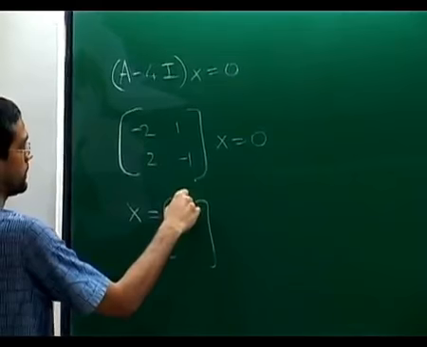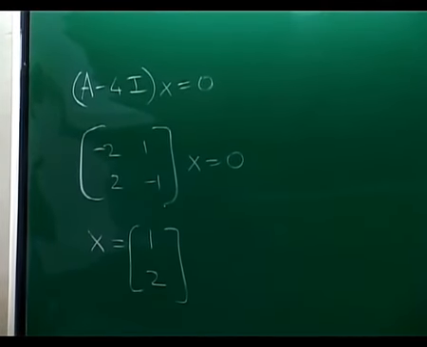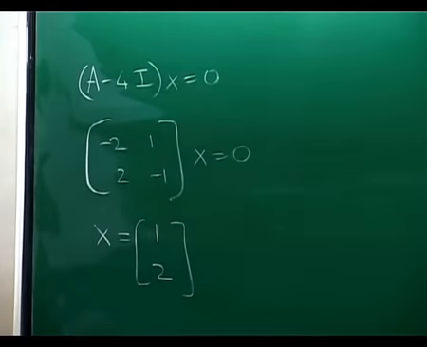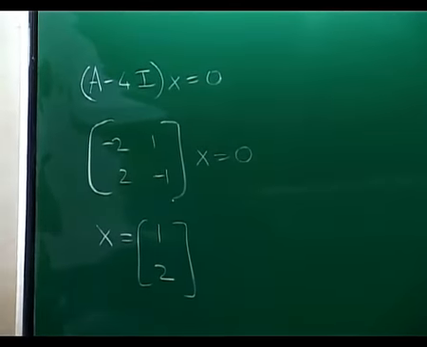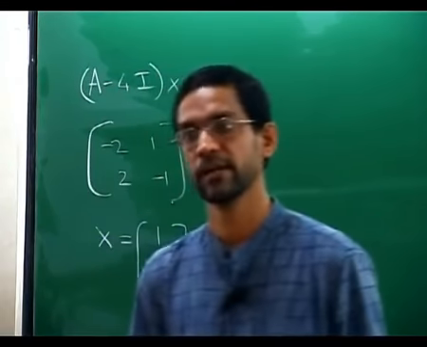So I can take 1 comma 2. Okay. So I found two eigenvalues, 1 and 4, with these two eigenvectors, right? So this procedure, I'm sure, is familiar. This is how we do this. Okay. So why do we do this? What in your mind are reasons for wanting to find eigenvalues and eigenvectors for matrices?